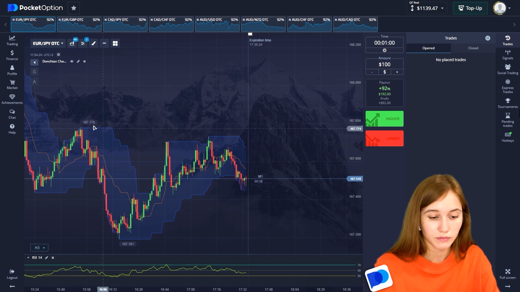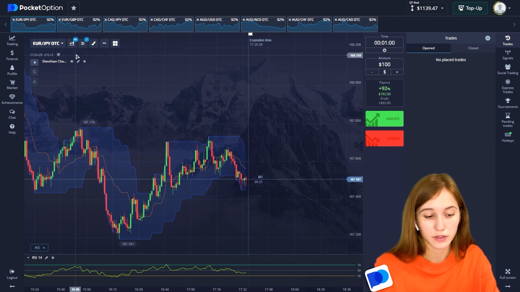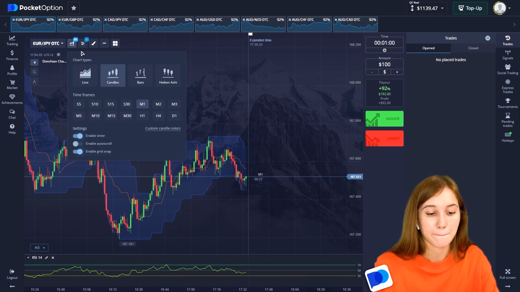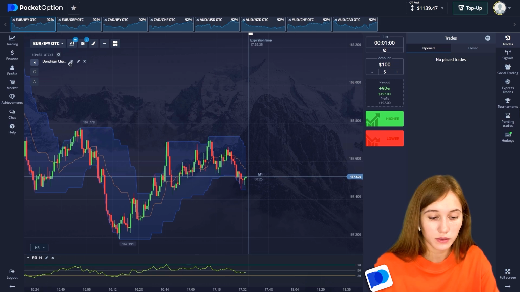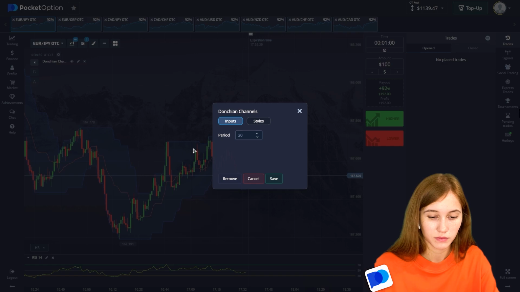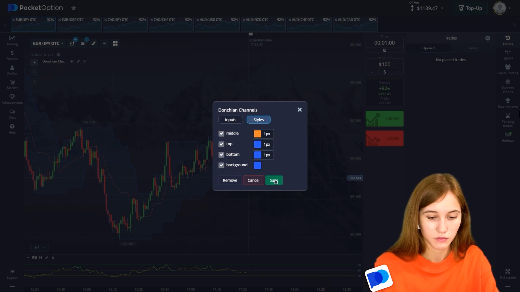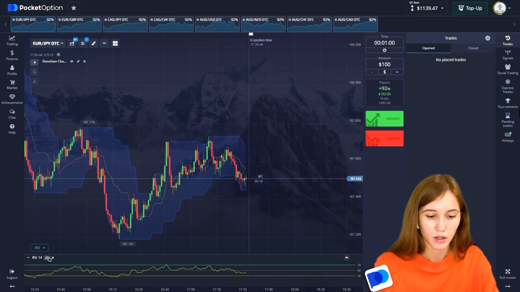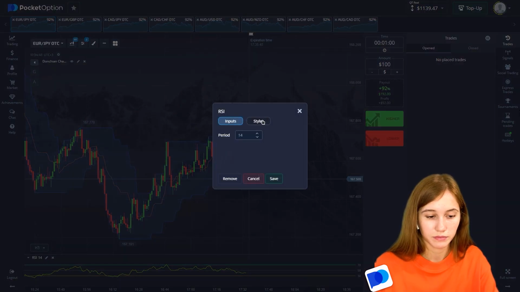Also 2 indicators. The time frame was also 1 minute according to the indicators. This is the downtrend channel, its settings. Also the RSI indicator.